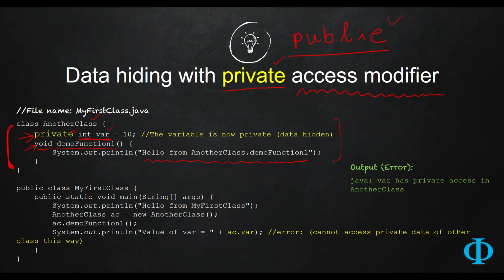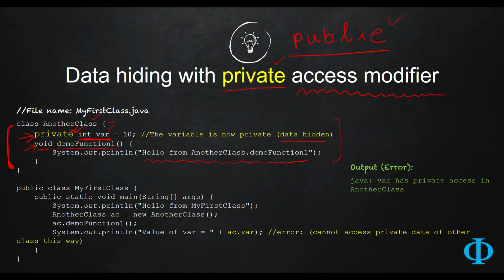So the same function as we have used before. The only difference is, before this int var, I have used this private keyword to restrict its access. Means the data is hidden inside this class and cannot be accessed from outside.